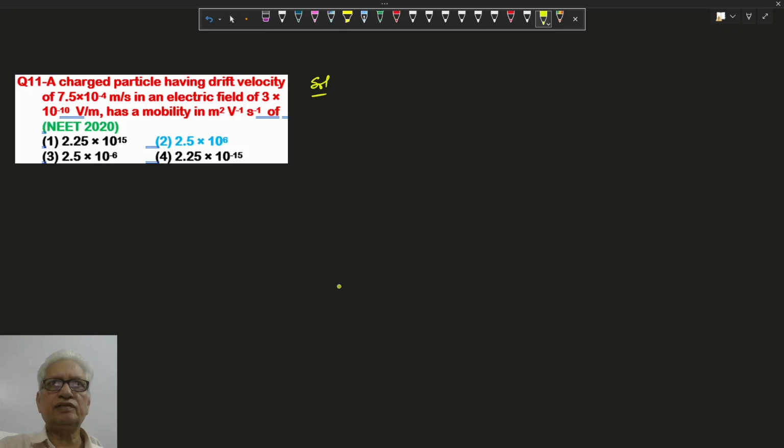A charged particle has drift velocity 7.5 into 10 power minus 4 meter per second, and electrical field into 10 power minus 10.